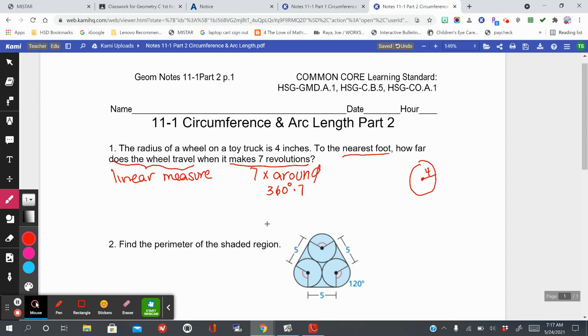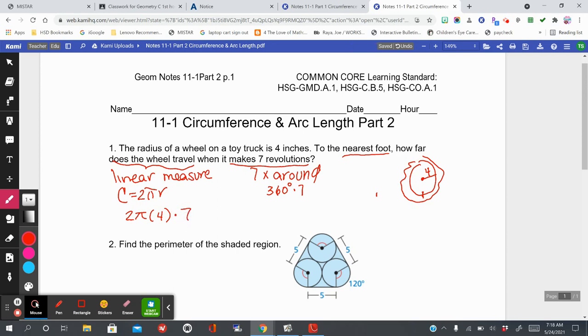So all the way around the circle, when it starts here and travels 360, it would be like if you unraveled that circle and made it like a straight line. So that's the circumference. All right, so we're going to say it traveled this distance 7 times. So 2 pi times radius times 7 revolutions.